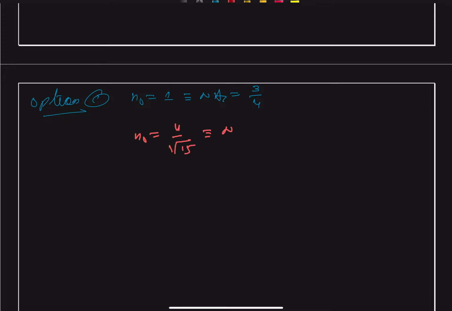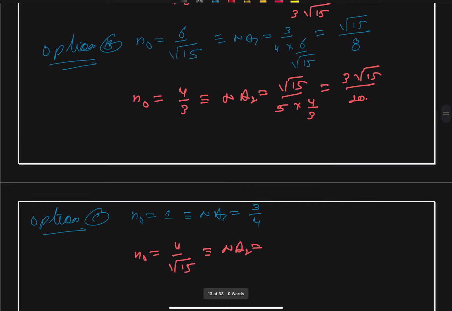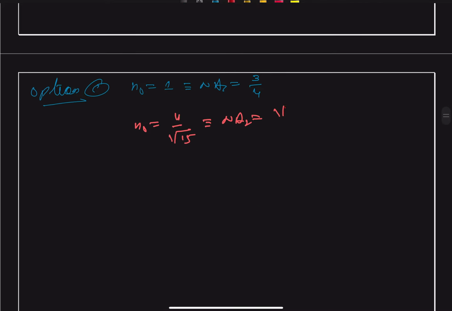So this gives us that our Na2, which was square root of 15 by 5, multiplied by the square root of 15 by 4, so we get our Na2 will be equal to 3 by 4.